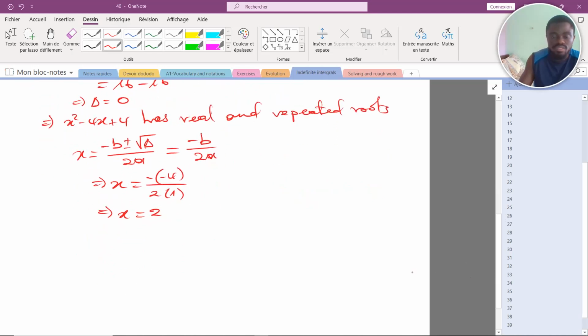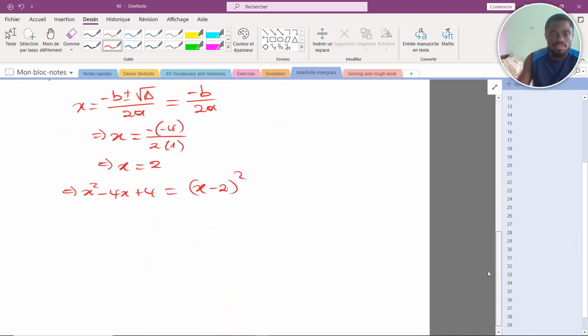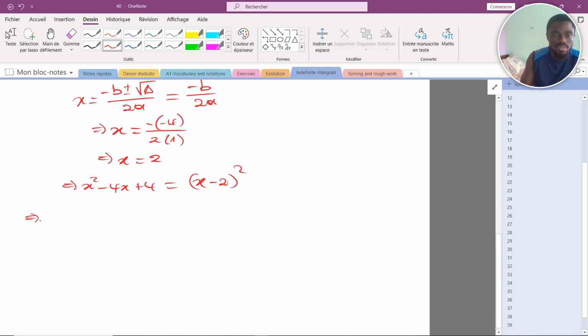So it implies x squared minus 4x plus 4 must be equal to x minus 2, all that squared. That's the repeated factor. Now, it then implies the integral of 1 all over x squared minus 4x plus 4 dx will be equal to what?